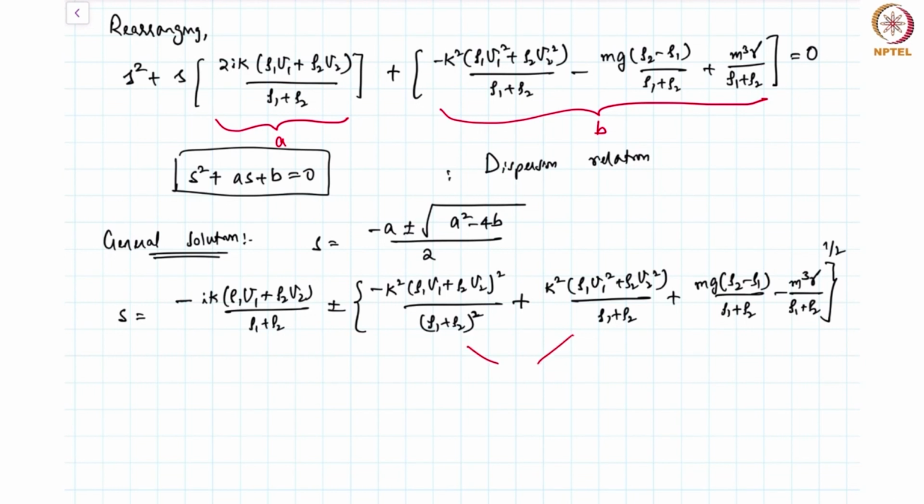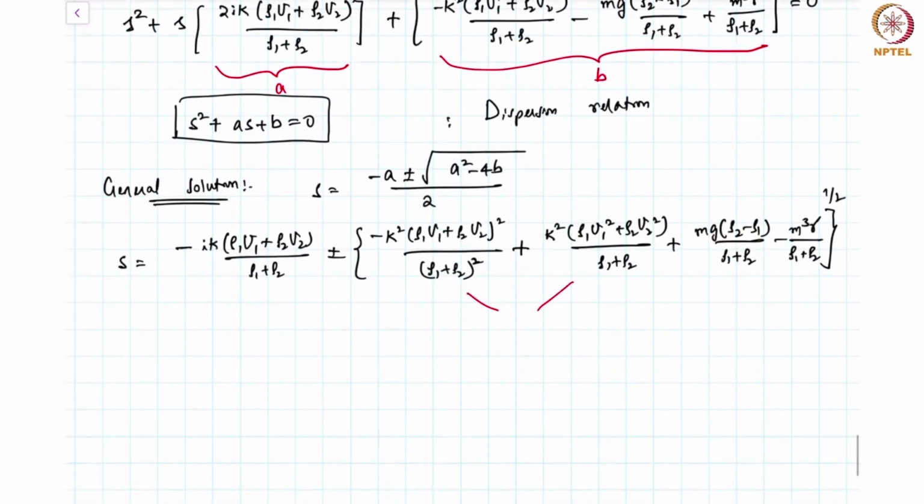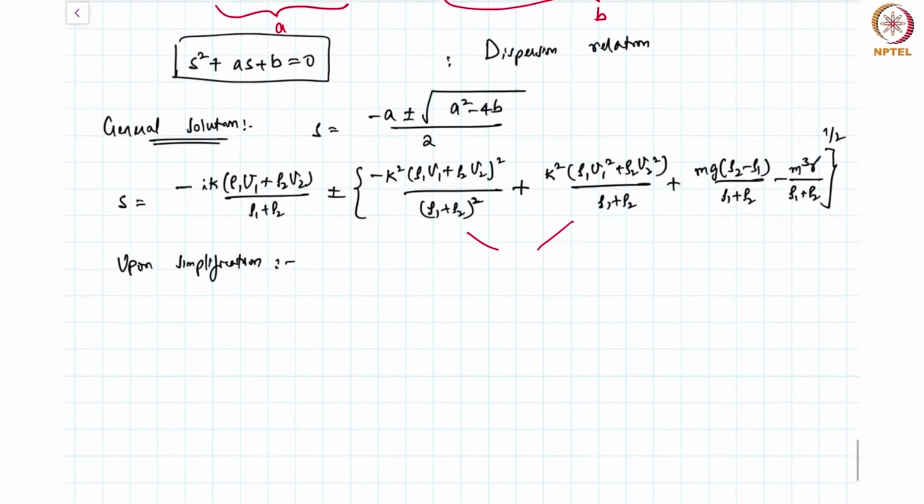What we do is essentially for the second term we multiply and divide by rho 1 plus rho 2, and therefore the numerator can be combined and certain terms get cancelled. So we simply get, upon simplification, and I would like all of you to try out to simplify it yourself and verify that the answer that you're getting is matching with the solution that I'm getting.